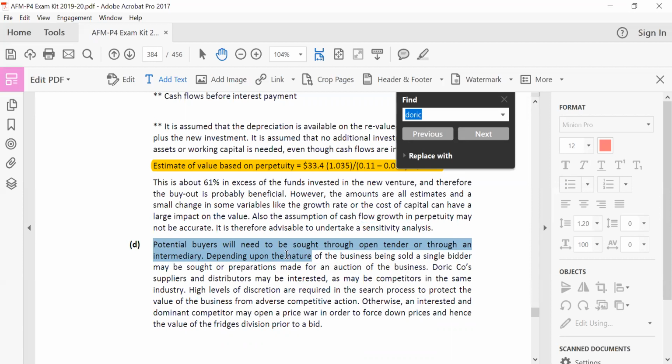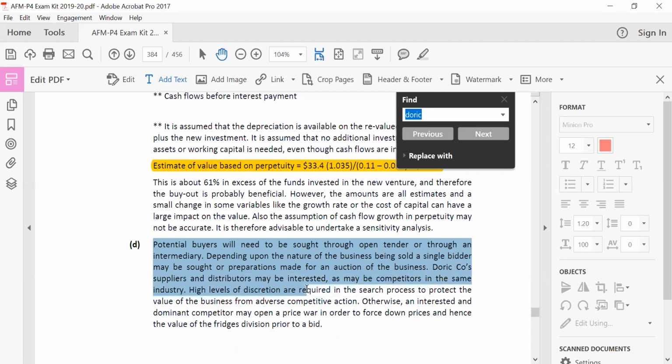That is exactly the question. Depending upon the nature of the business being sold, a single bidder may be sought or preparations made for an auction of the business. So we're still discussing the reason why you need a buyer, and if you do not get a buyer, you can go through an auction. Tell us your ideas about it.